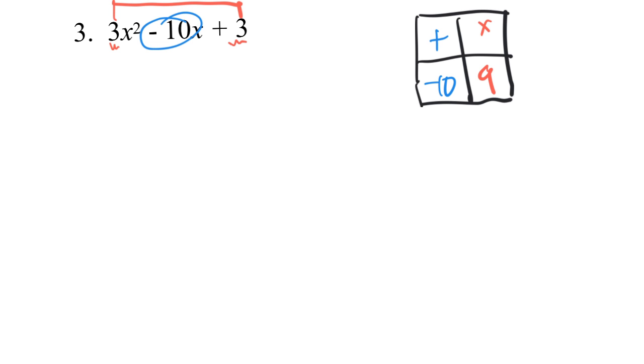So you go through all your calculations, and you'll notice that if I have negative 9 and negative 1, when you add them together it gives you negative 10, and negative 1 times negative 9 gives us positive 9, which is what we're looking for.